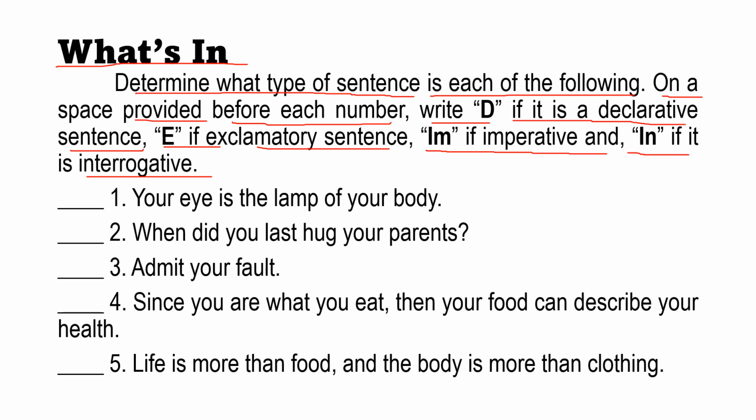Now, moving forward with exclamatory sentences, these are used to express a strong emotion such as anger, happiness, disbelief, and so on. They all end with an exclamation point. However, if the sentence gives a command and ends with an exclamation mark, then it is an imperative, not an exclamatory sentence.